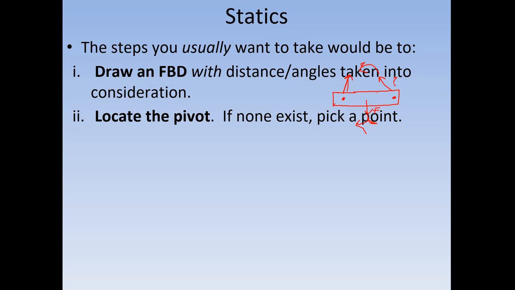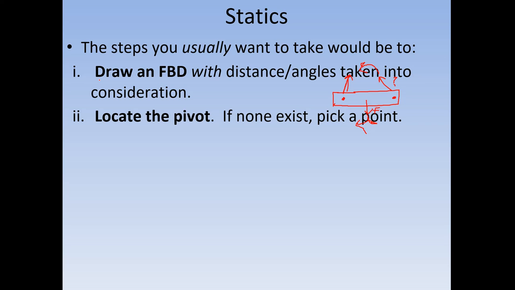You'll see it when I do the problems that the equation can become very long. So you want to find ways of getting rid of as many torques as you can, just to, again, deal with as few calculations as possible. So that's the second step, is to locate the pivot.